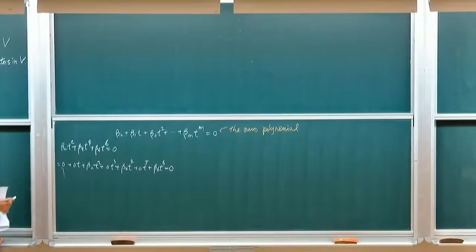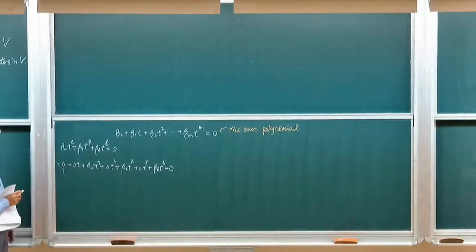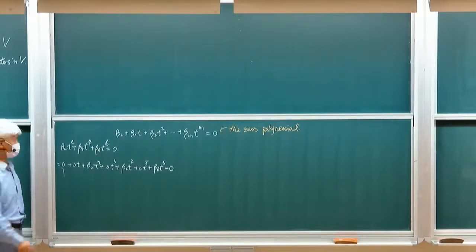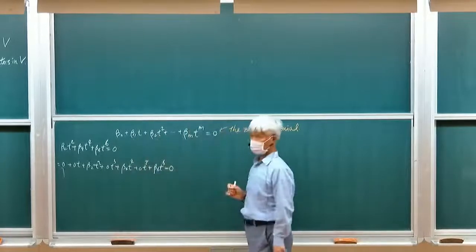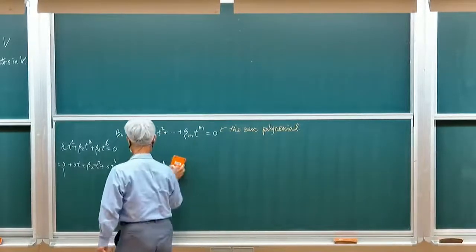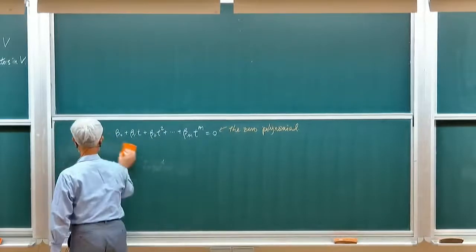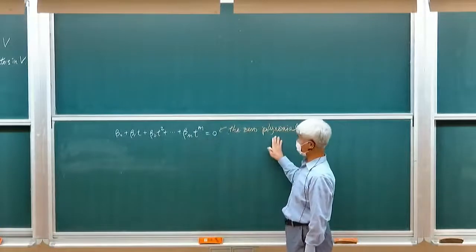So this is, again, a linear relation. So without loss of generality, we just consider this kind of linear relation, so that this is the zero polynomial.